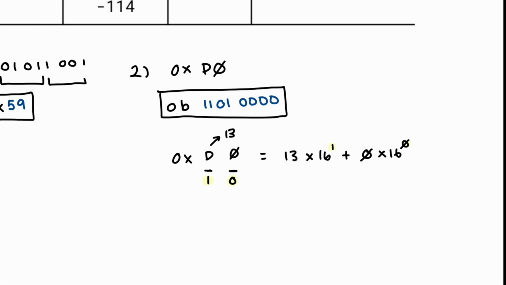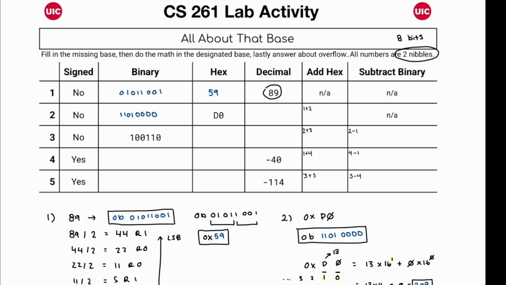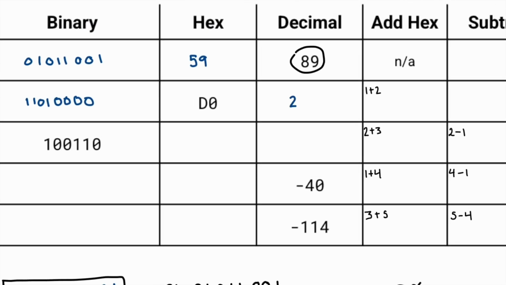So this would be equivalent to 13 times 16 plus 0, which I believe should be 208. And we'll write that in our final answer for the decimal equivalent.